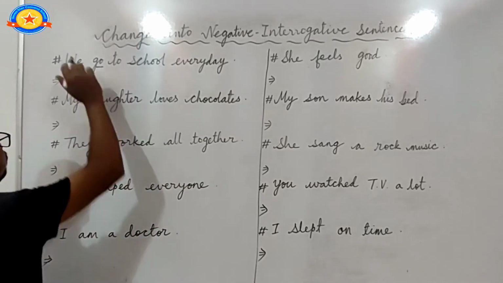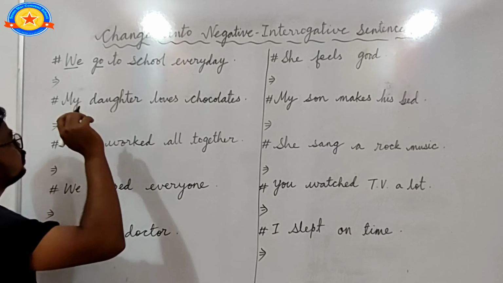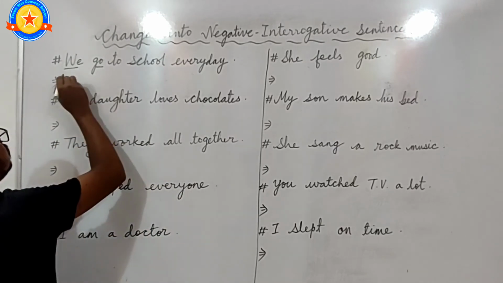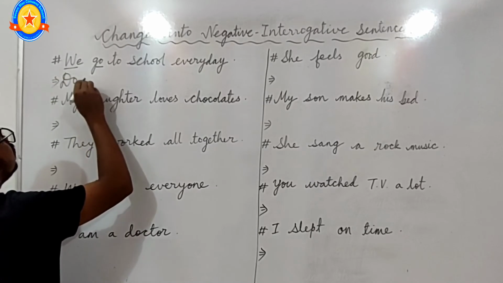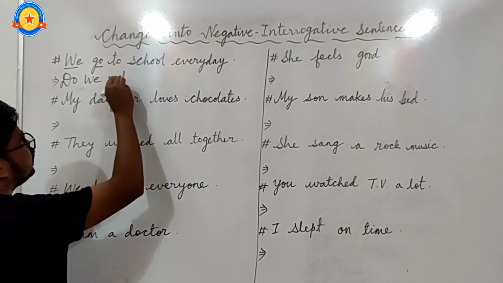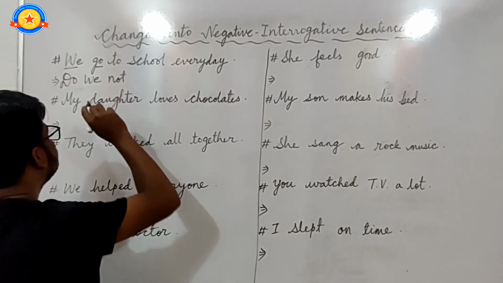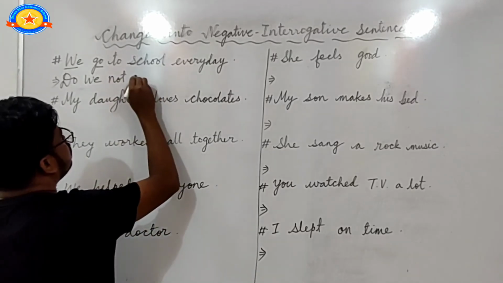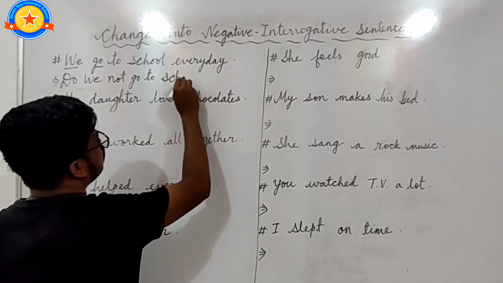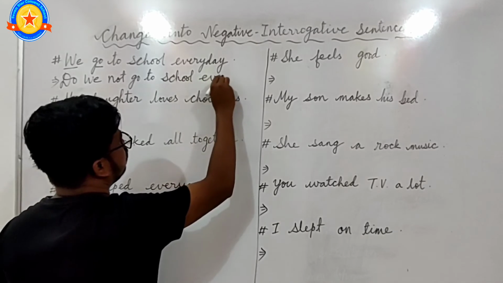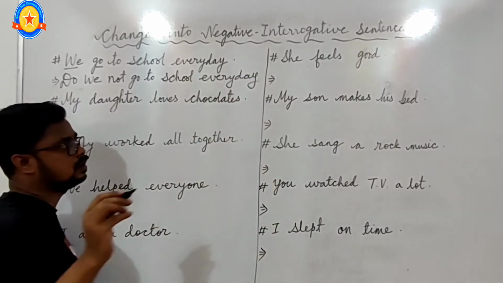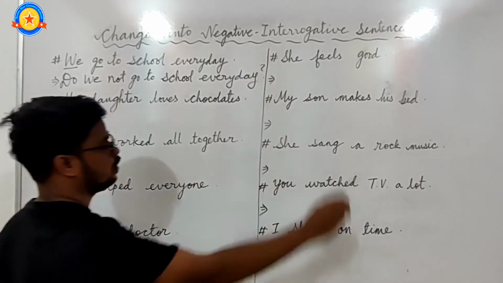We is plural, so we will use do. After do, we and not are added. Do we not go to school every day? And at the end of the sentence, don't forget to put a question mark.